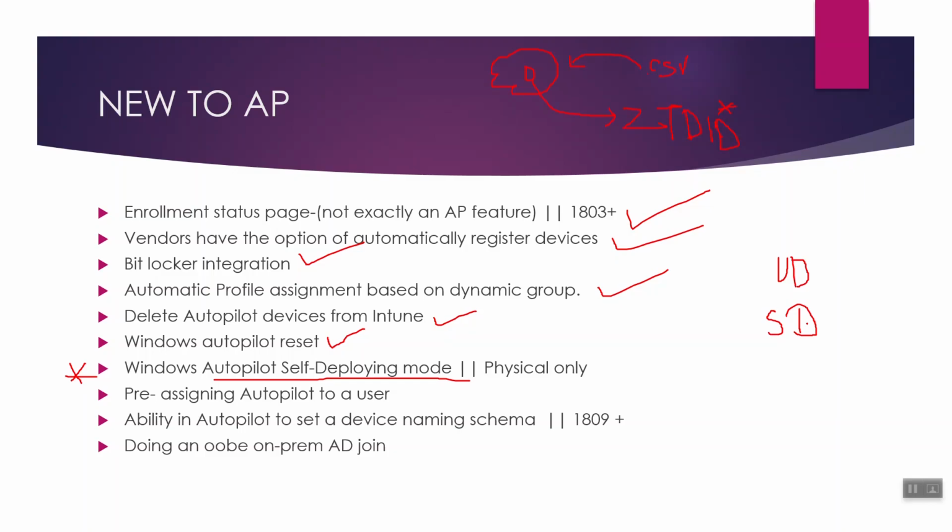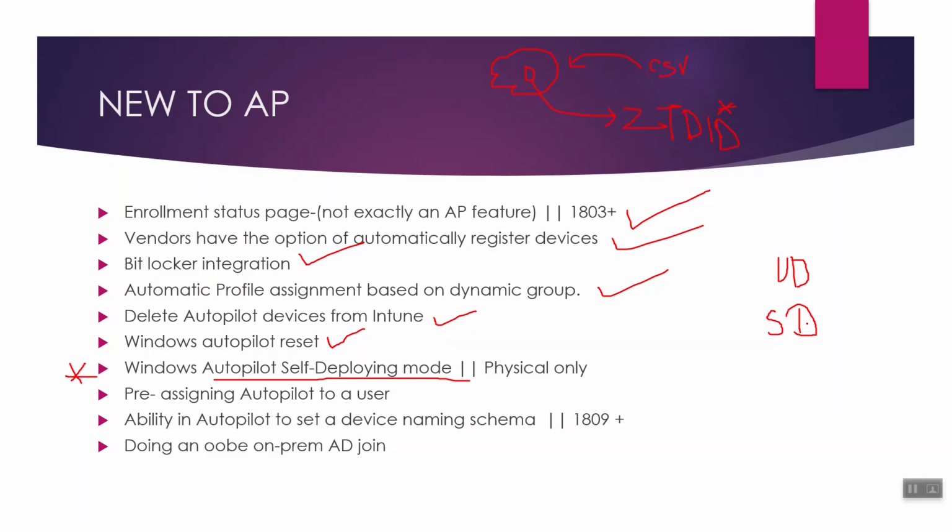The device is getting provisioned directly to the end user. He is not physically logging into the device, inserting a USB and doing an image. But now it is zero touch for the end user as well, well, almost zero touch, because all he is doing is just pressing the power on key, and he is not even entering his username and password. So it is now zero touch for the user as well as for the IT.